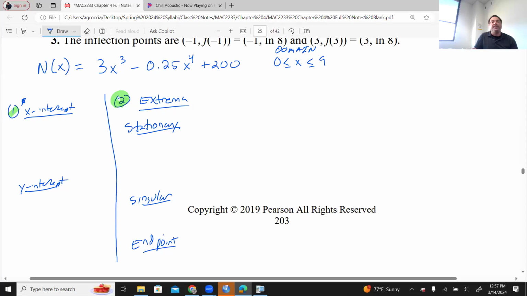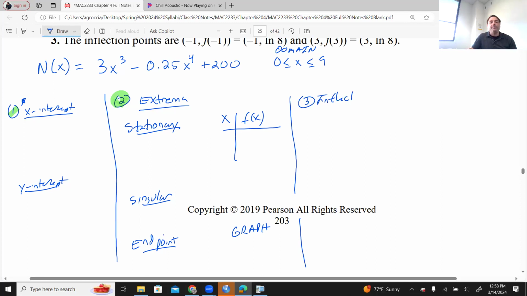What goes along with that, after you do the work, is making a table and then having some sort of graph. Definitely take more space than I'm giving you. What's number three? Inflection points.